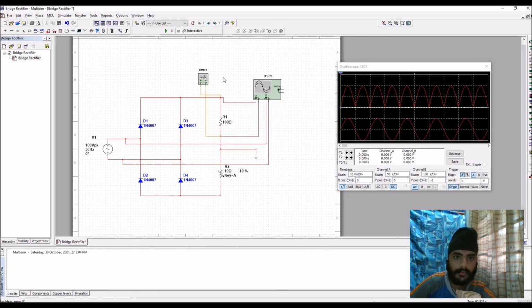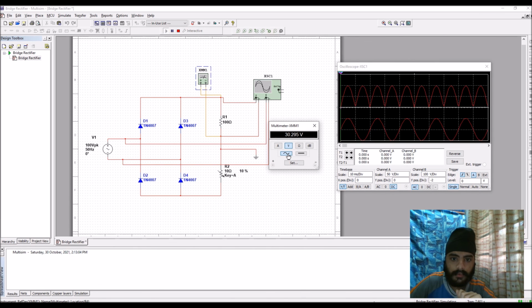After doing so, run the simulation again, and we'll be getting the V out of it to be 30.285 volt, and the Vmax that we can get from here is 61.288 volt. As per the current that we can get from here is 28.199 ampere. So that is the simulation for this bridge rectifier.